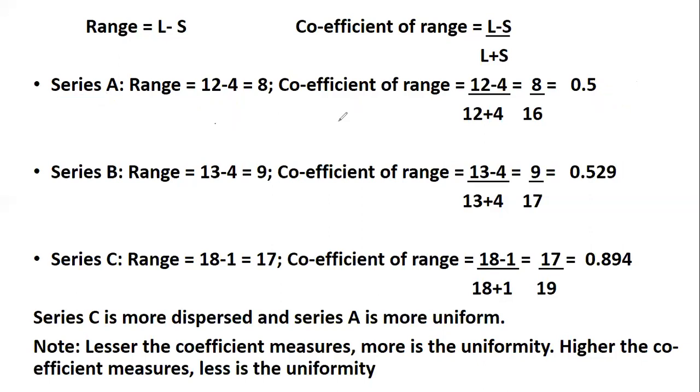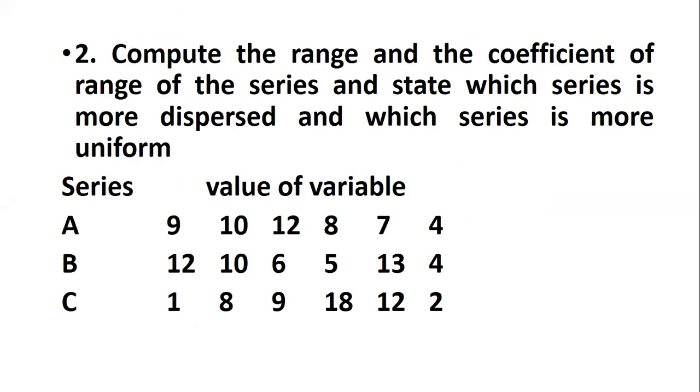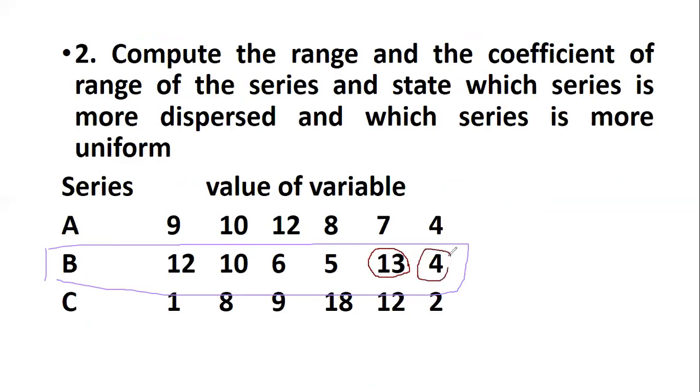So let's again analyze what is the largest and the smallest number for series B and series C. Now for series B, the second series given here, what is the largest number? The largest number is 13, and the smallest number is 4 again.